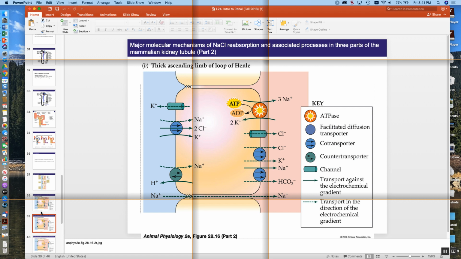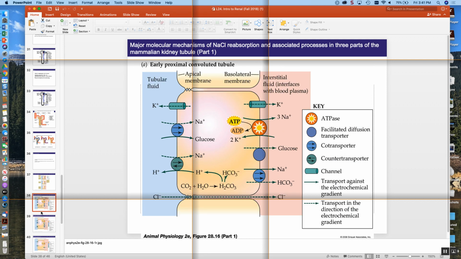The reason I go into detail is so you can imagine what's happening in these different segments and why that osmotic gradient is established. Why doesn't it happen in the proximal tubule? So it's more or less helpful in really understanding the function of these different segments. Okay.